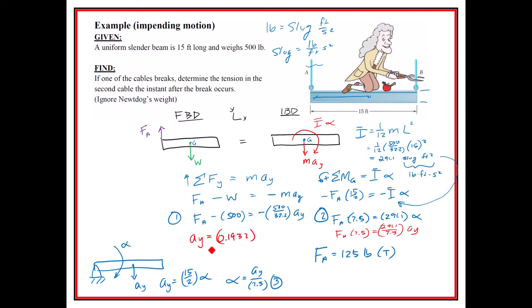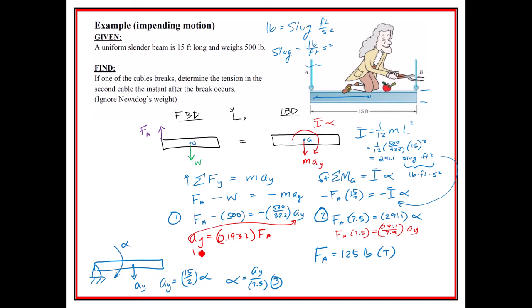So that's what I get, 1932 times FA. Then I plug that back up into here, and I just want to see if I get the same thing, 500 times that, and 32.2 divided by that. So I end up with 3.001 times FA, and it's negative.